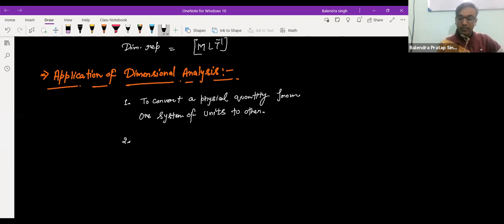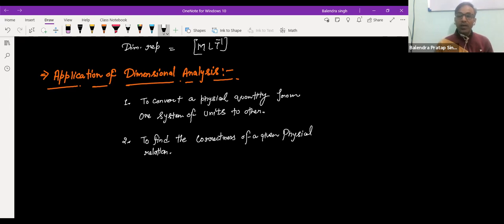Another application of this dimensional analysis is that you can find the correctness of a given physical relation. Suppose you have a relation and you want to check whether this relation is correct or not.